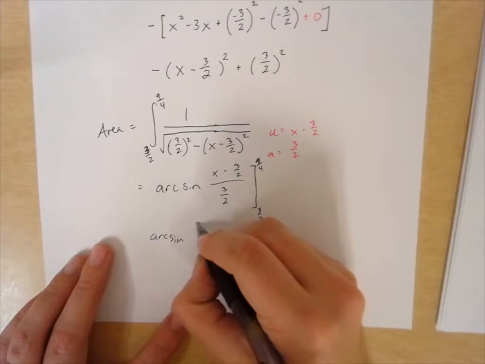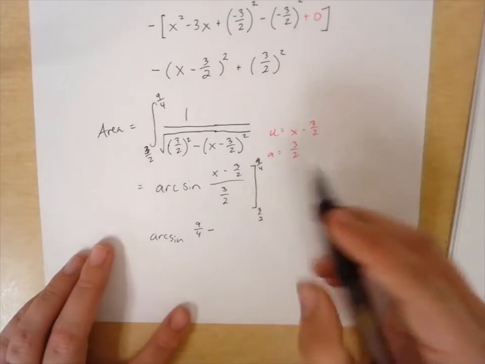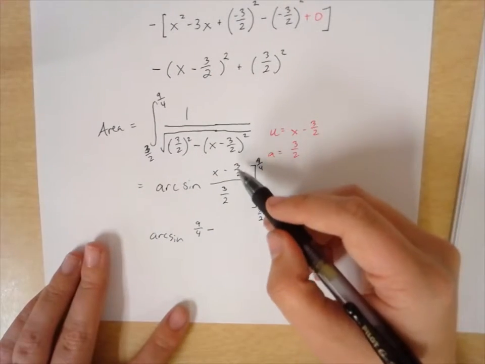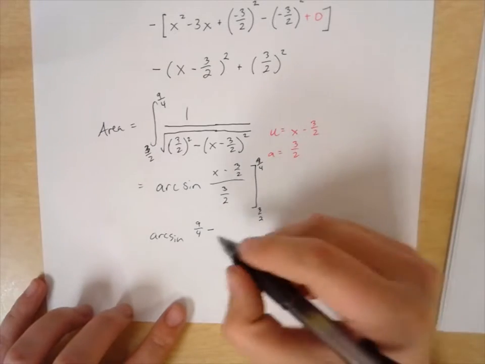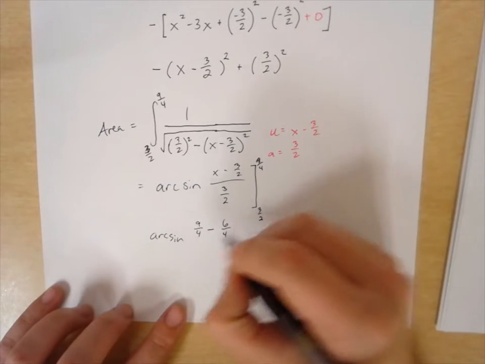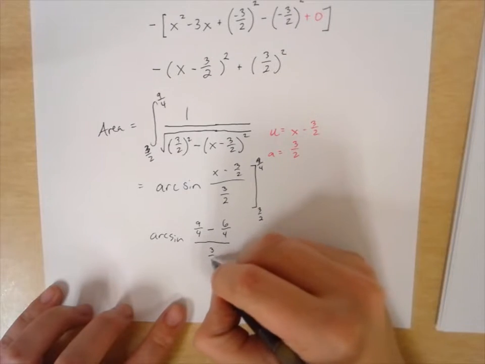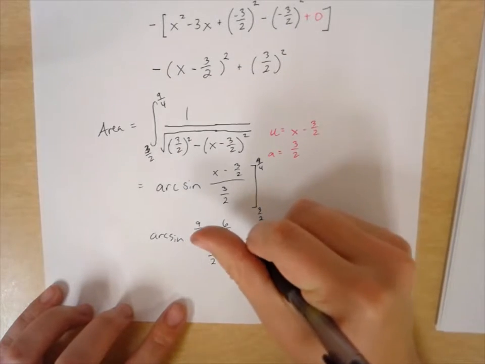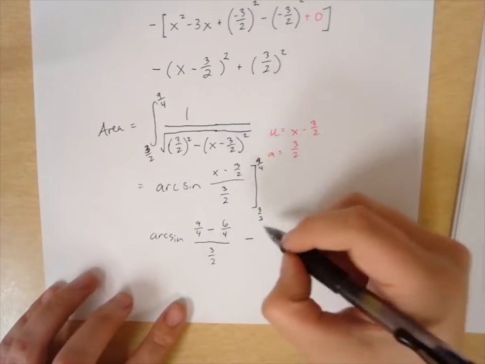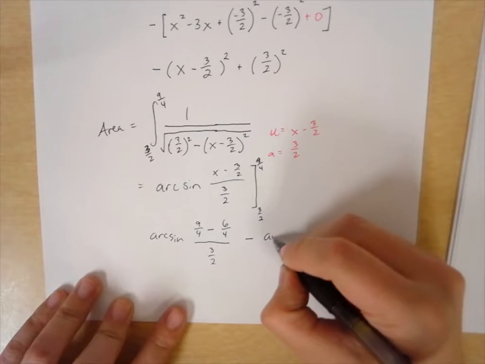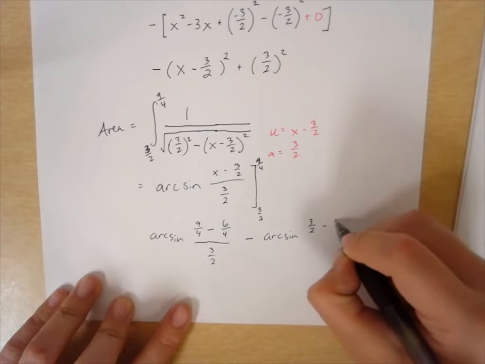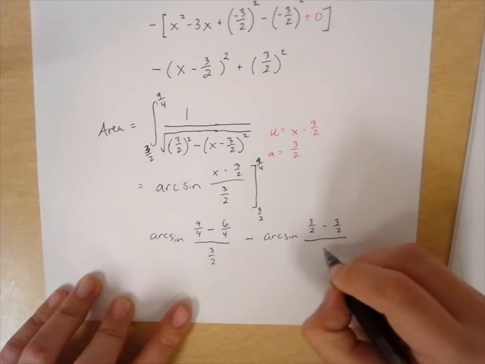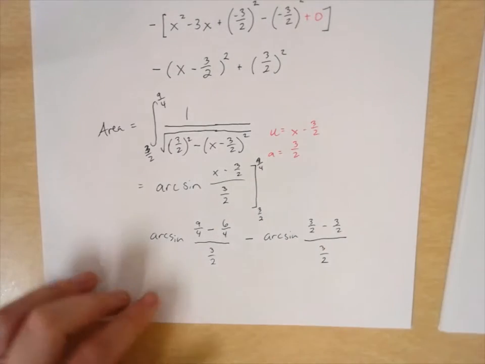I'm going to say 9/4 minus, and right now I'm going to change that 3 halves to a fraction over 4 so this gets a little bit easier. I'm going to call that 6/4. And then I'm going to say still over 3 halves minus this evaluated at the 3 halves. So arc sine of 3 halves minus 3 halves all over 3 halves.